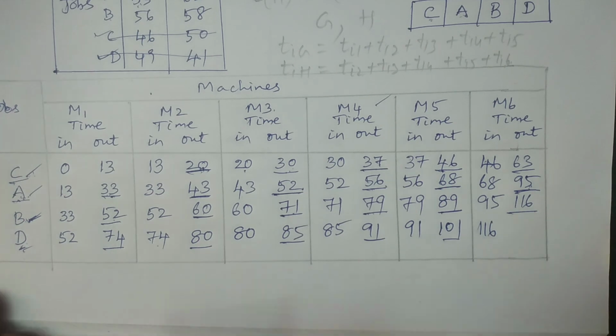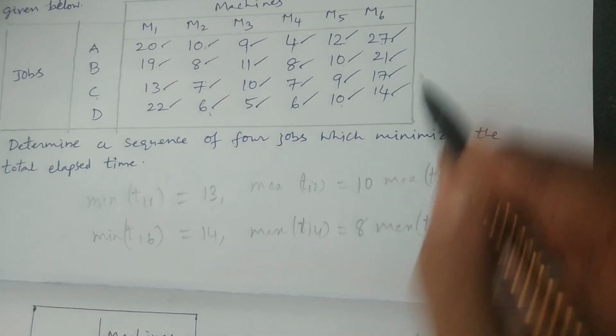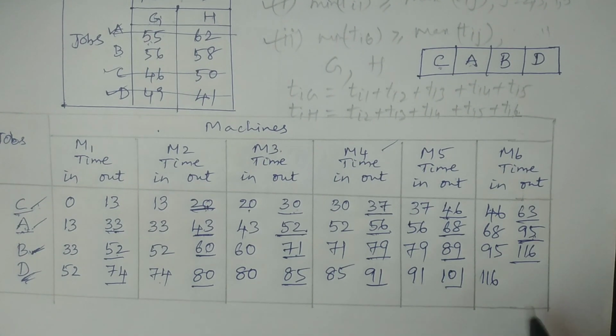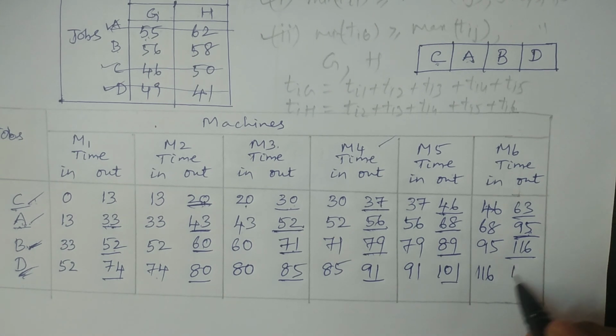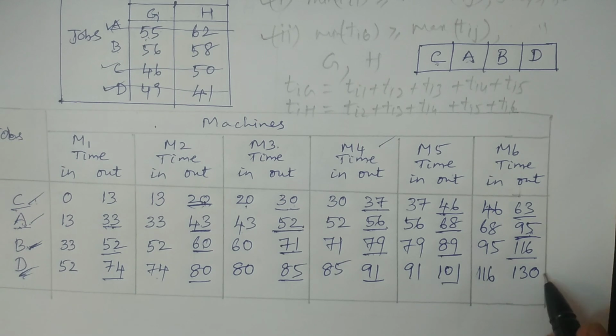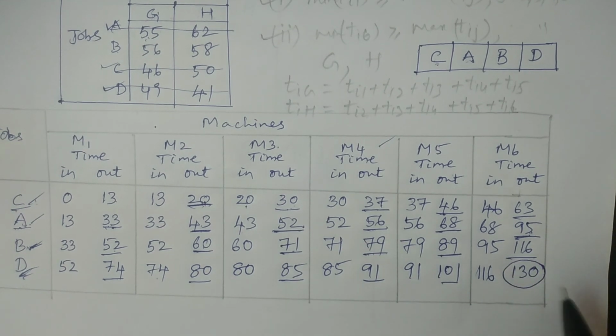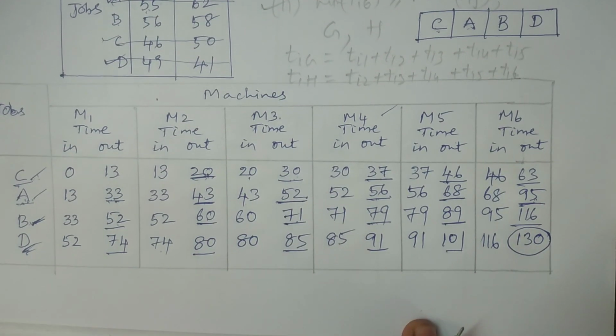Plus the processing time of job D on mission 6, that is 14. So 116 plus 14 is 130. So the total elapsed time of this particular problem is 130.